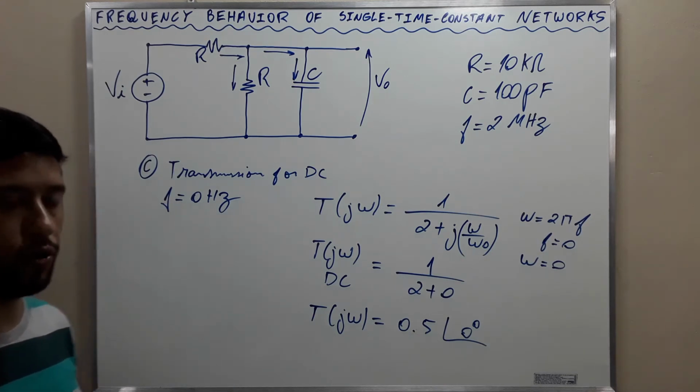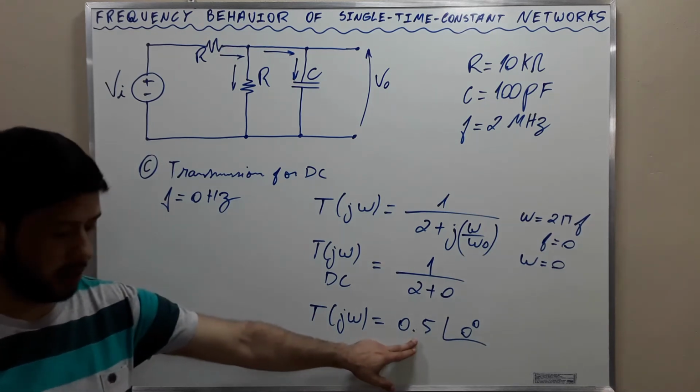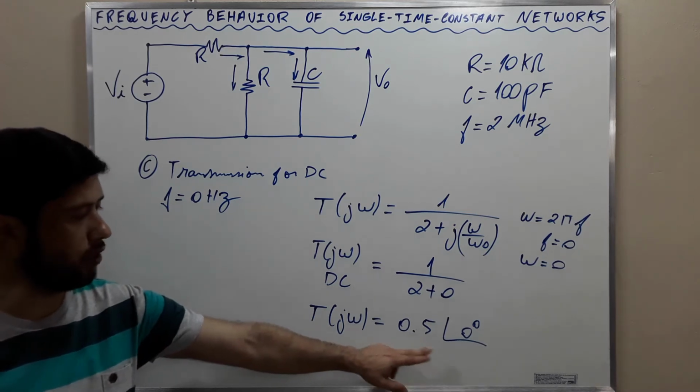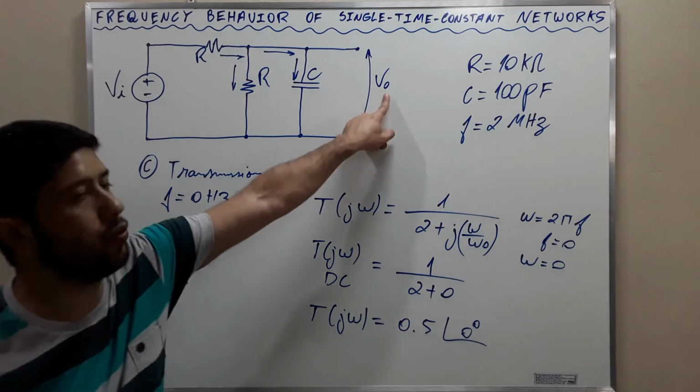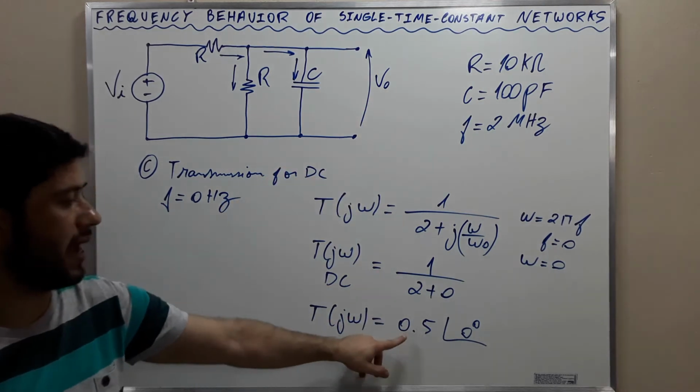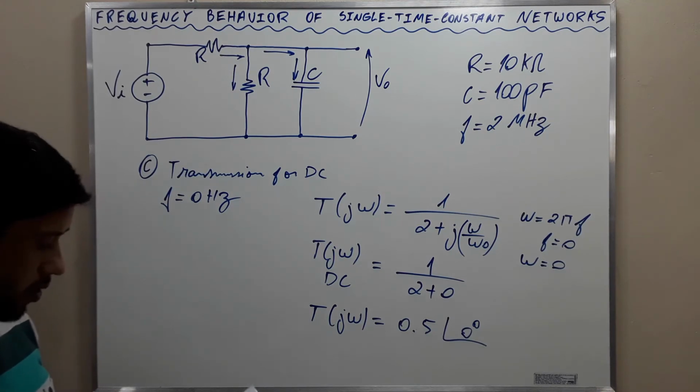So what is the conclusion? The conclusion is that the output will be a half of the input with no phase shift. This is the conclusion.